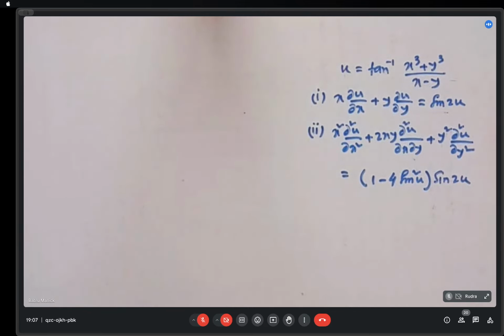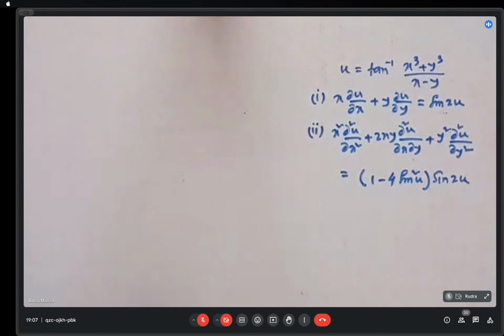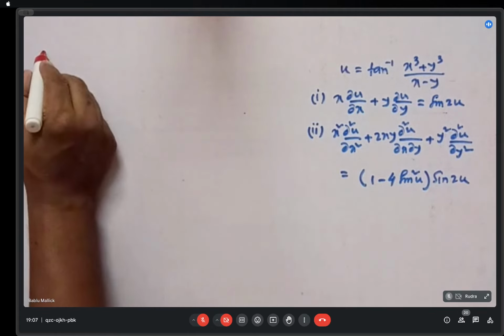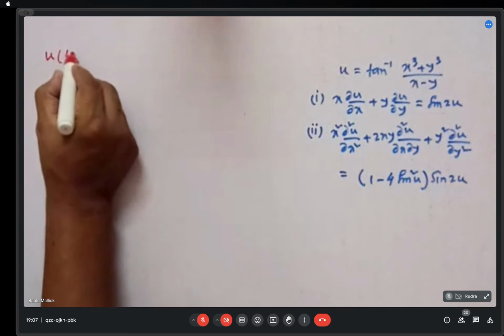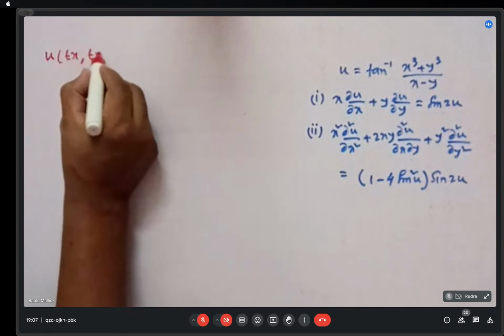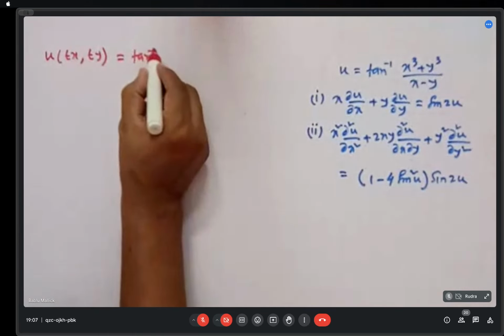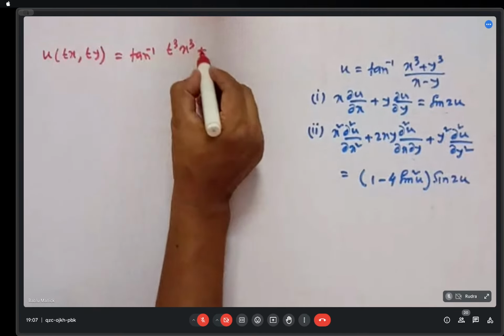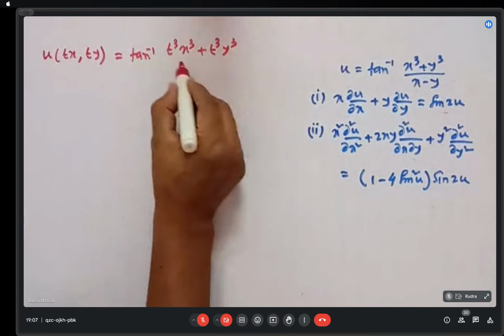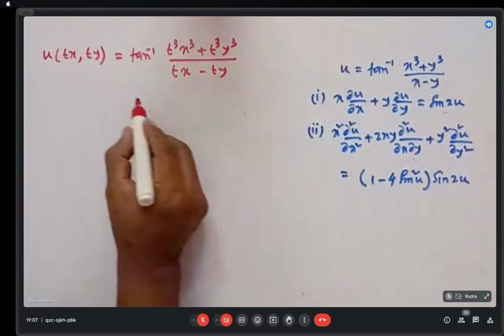Look at the board first. Here u is not homogeneous. u is a function of x, y. If I put tx in place of x and ty in place of y, we get tan inverse of (t cube x cube plus t cube y cube) divided by (tx minus ty).